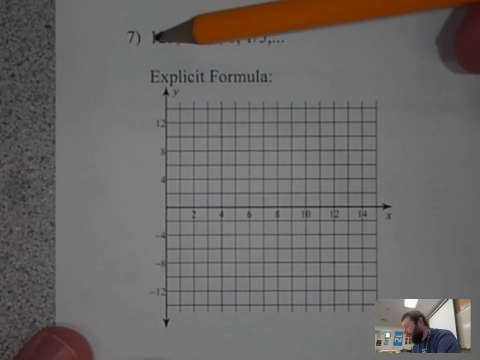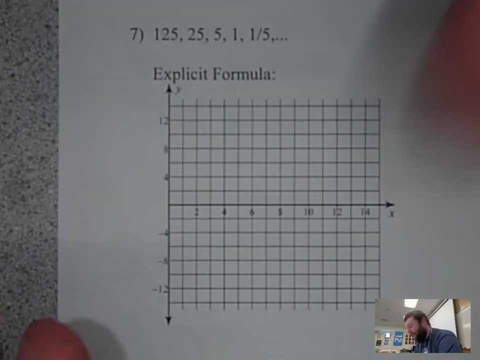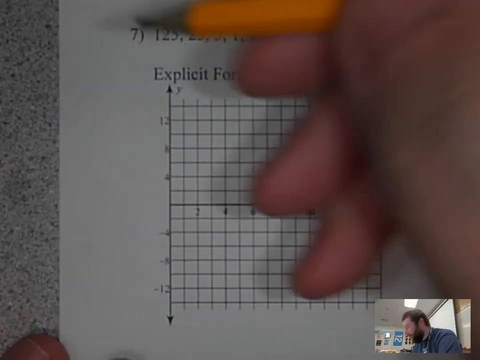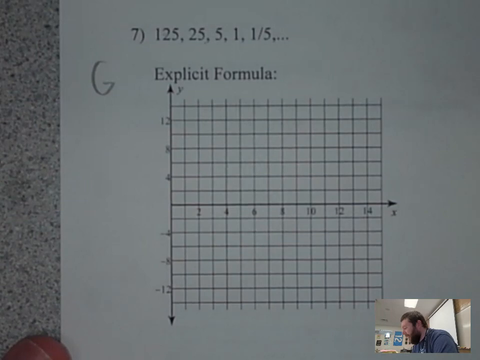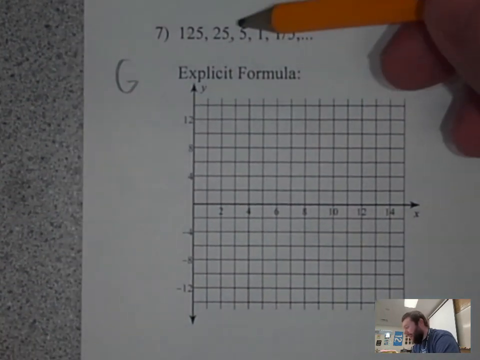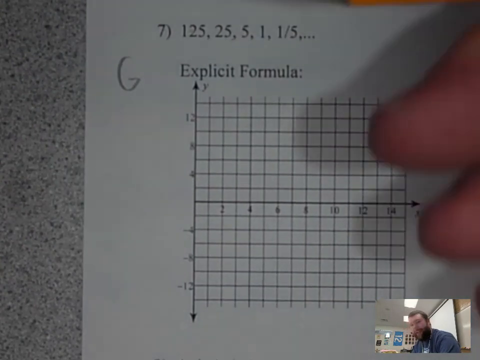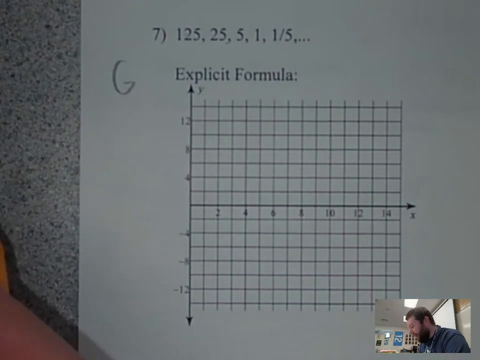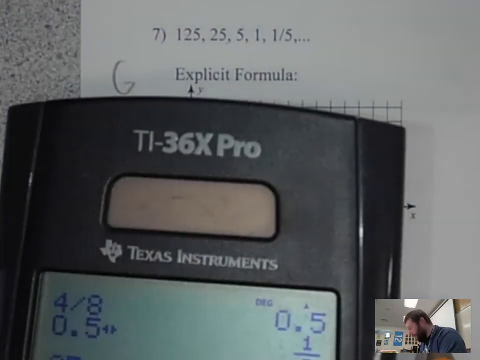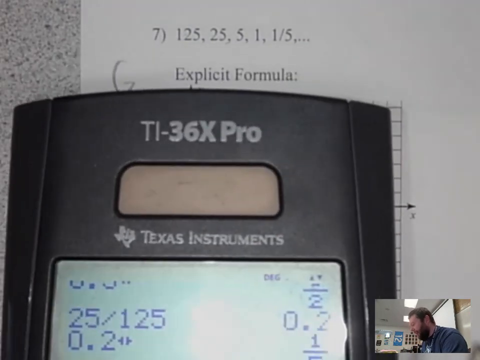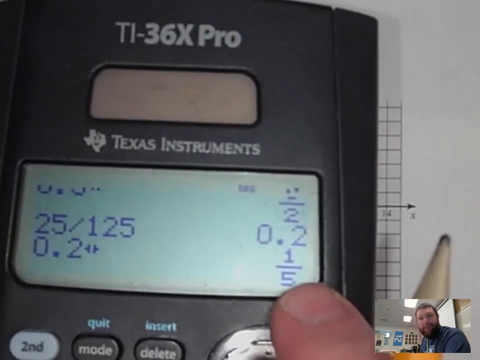So this one goes from 125 to 25, so huge drop there, and then 25 to 5. Obviously going by different numbers, so it's going to be geometric, and it's going to be a ratio, and since it's going down, it means it's dividing, right? And again, if we can't figure out what 25 to 5 is, like what you divided by, you could always just, again, do the second number divided by the first. So calculator, 25 divided by 125 is 0.2, or as a fraction, it is literally just 1 over 5.